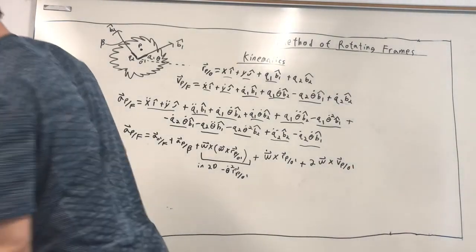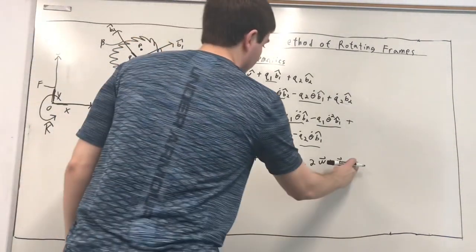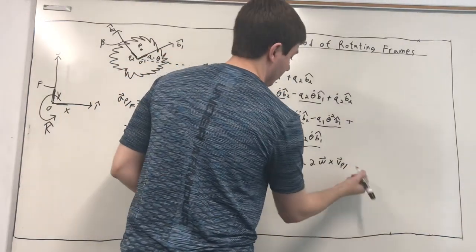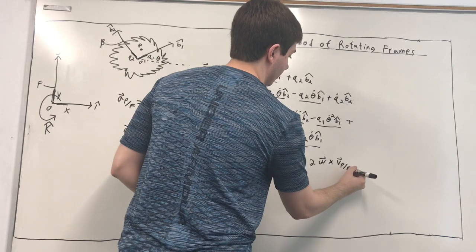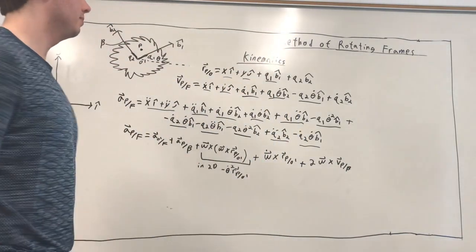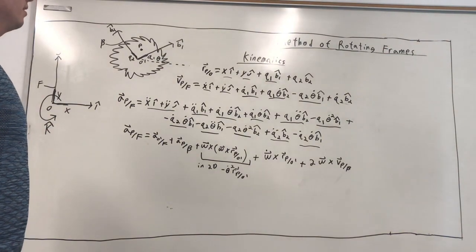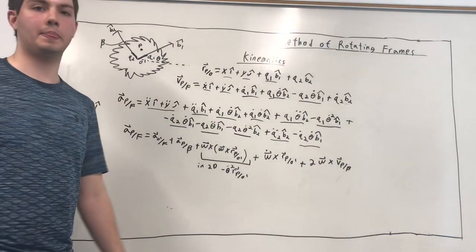Let me double check. Oh, sorry. So, not with respect to O prime. Some people might read it that way, but I think the correct way is with respect to B. So, yeah, that is your 5-term acceleration formula.